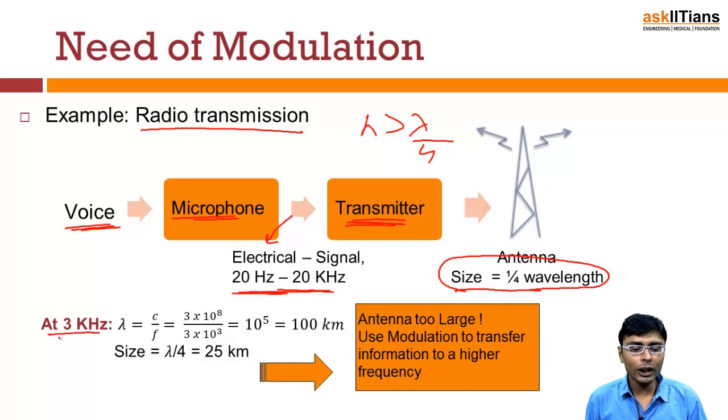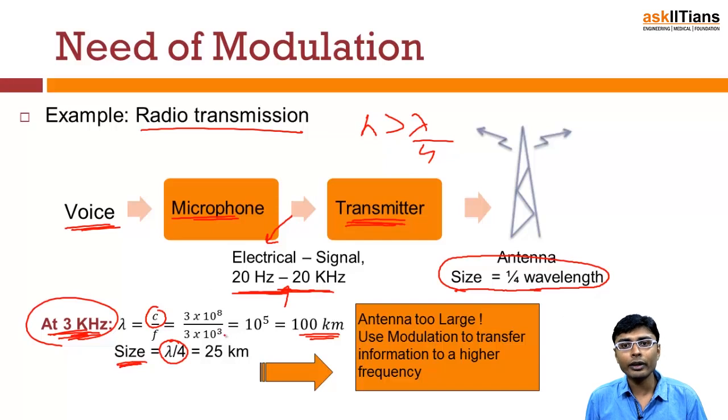So at 3 kilohertz, taking any frequency in between, the wavelength is equal to c by f, that is speed of light divided by the frequency of the signal. The wavelength comes out to be 100 kilometer. If we divide lambda by 4, the height of the antenna comes out to be 25 kilometer.